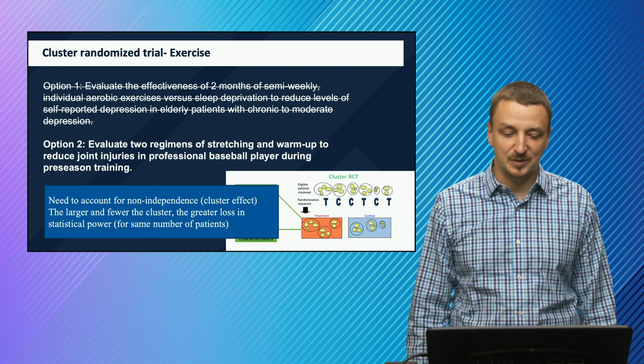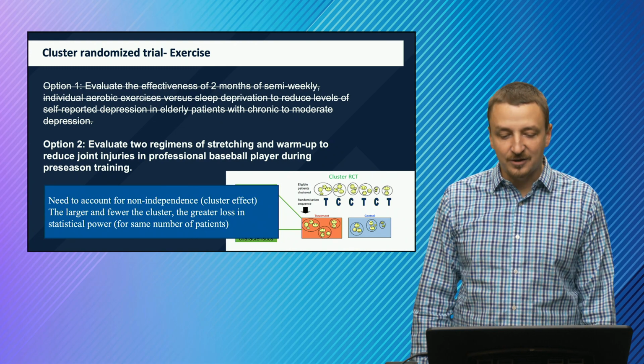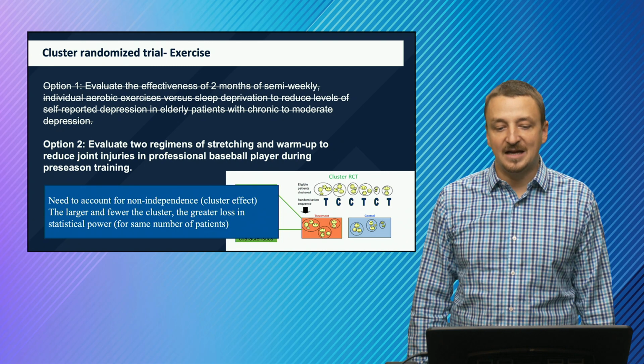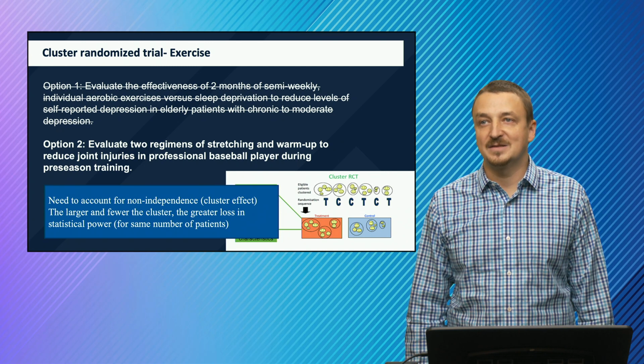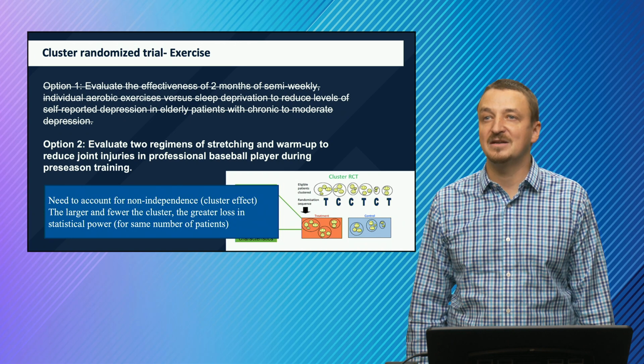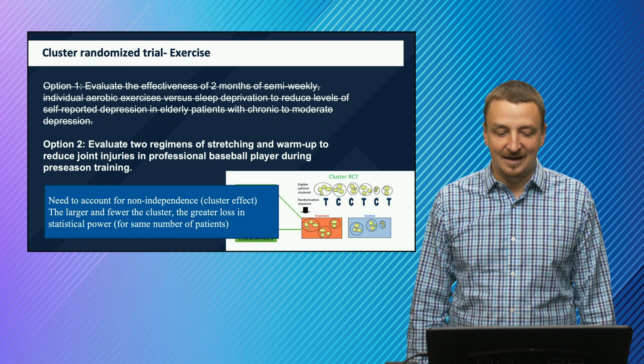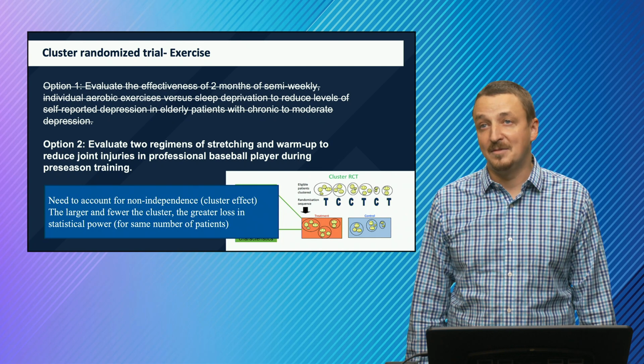Different baseball teams would be used as clusters. Option 1 is less good as an option because you can think about sleep deprivation as a whole, and the cluster effect may be a big problem there for option 1.